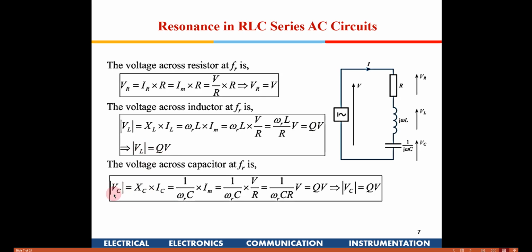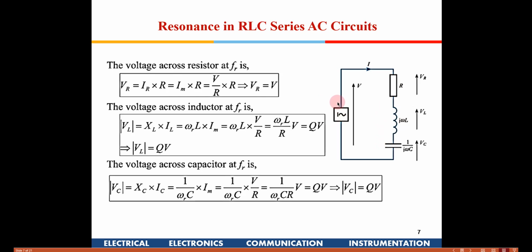Similarly, the voltage available across the capacitance will be Q into V, if you do the substitution out here. So whenever we are making a series circuit like this, we have to be very careful.